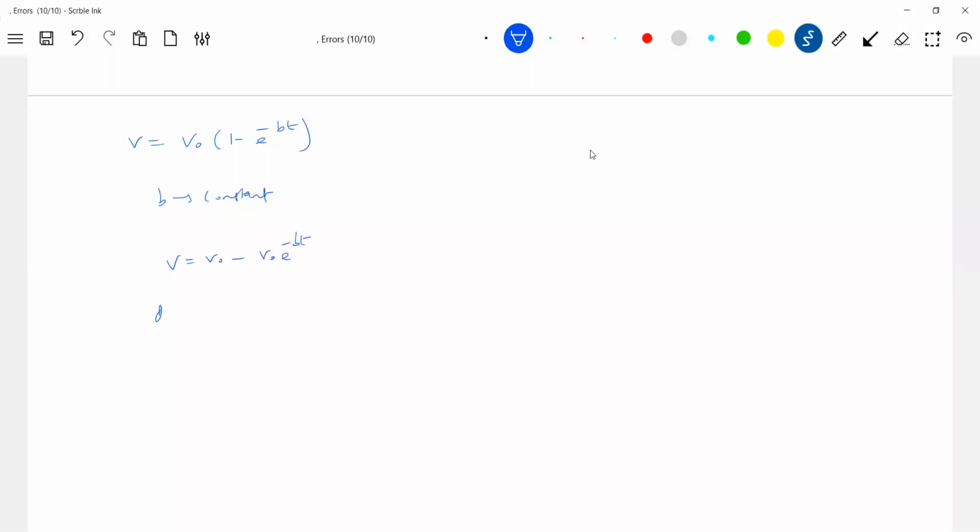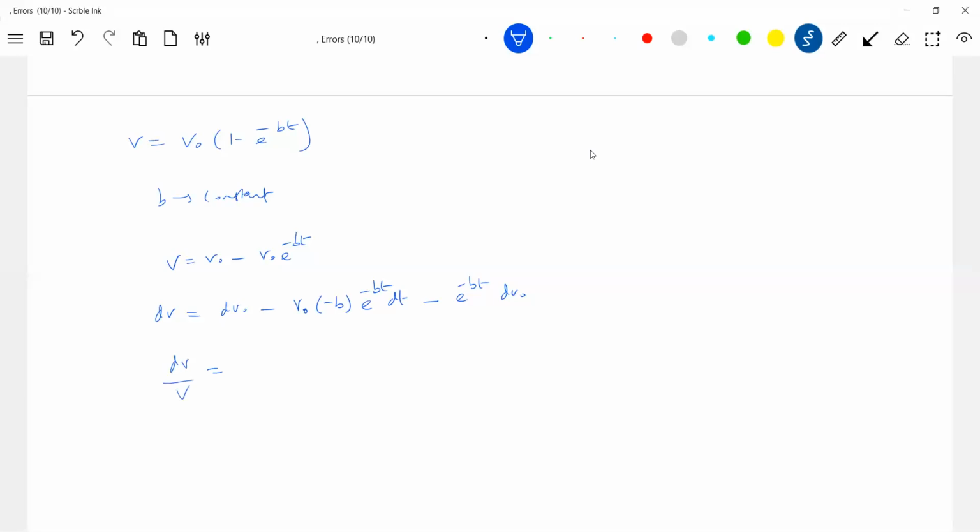Let's do one thing. Differentiate this: dv naught, v naught. If you differentiate, minus b e to the power of minus bt dt, then e to the power of minus bt as it is, then dv naught. Okay, fine. Now let's bring v.